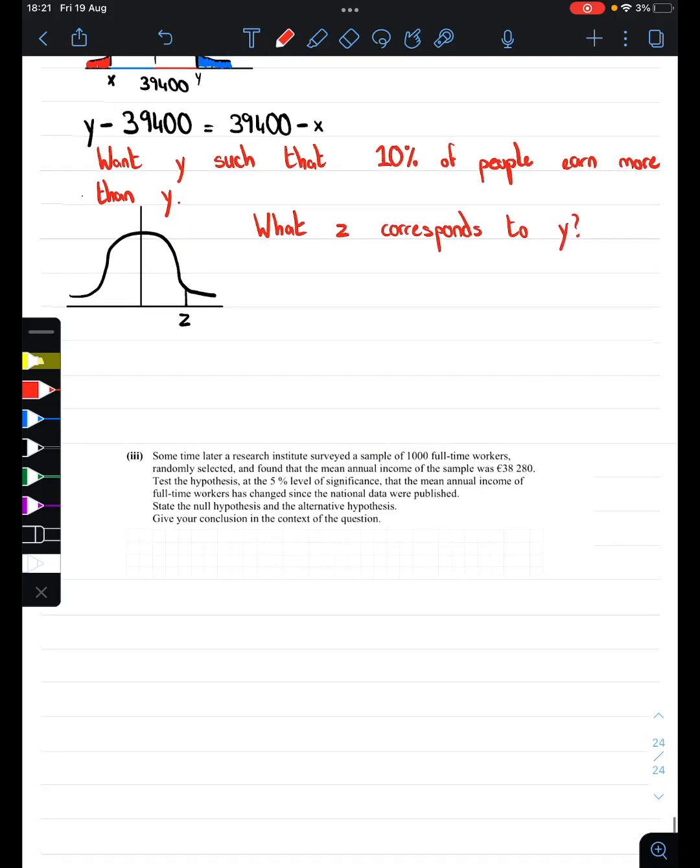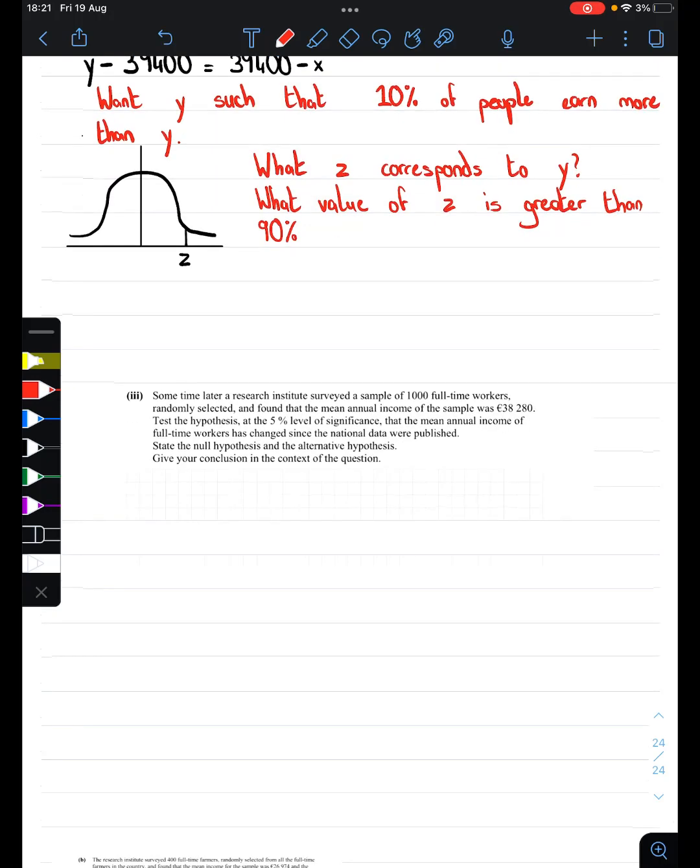Or in other words, what value of z is greater than 90% of values?